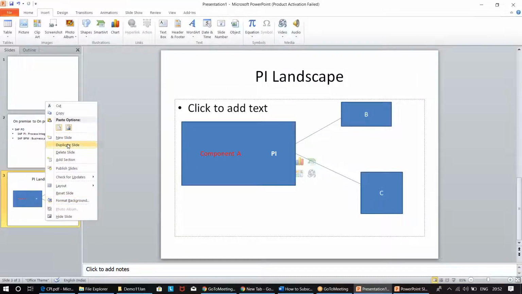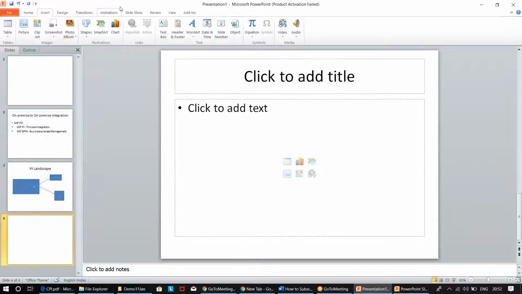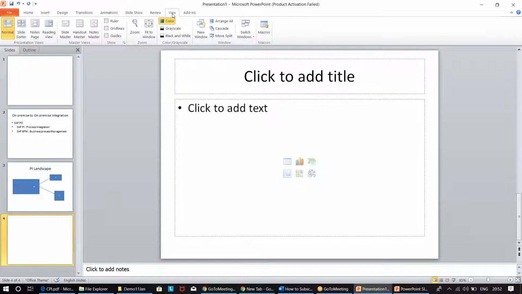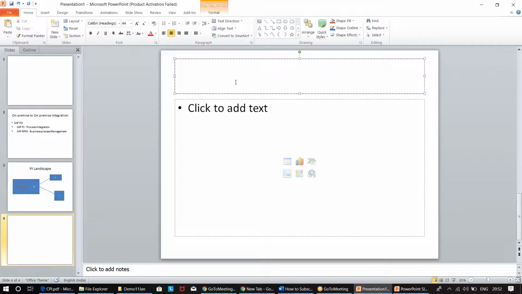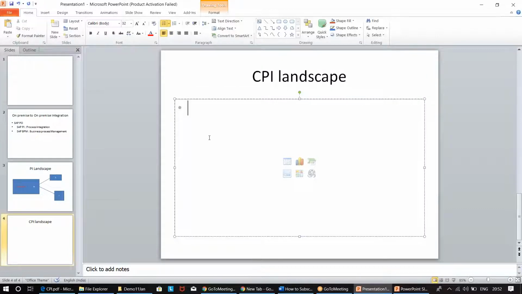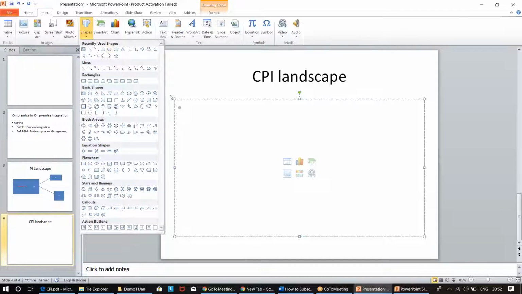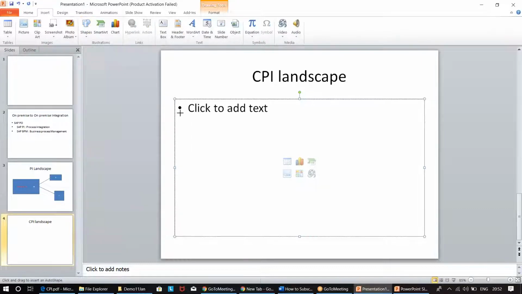Okay, so next is your CPI landscape. How does it look? I think it's quite normal compared to the other landscape. Let me again draw some things.